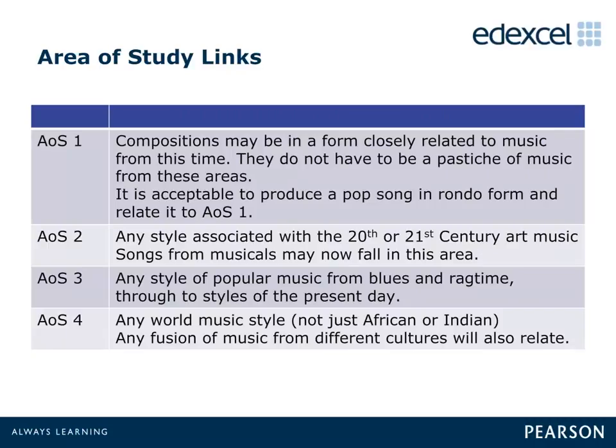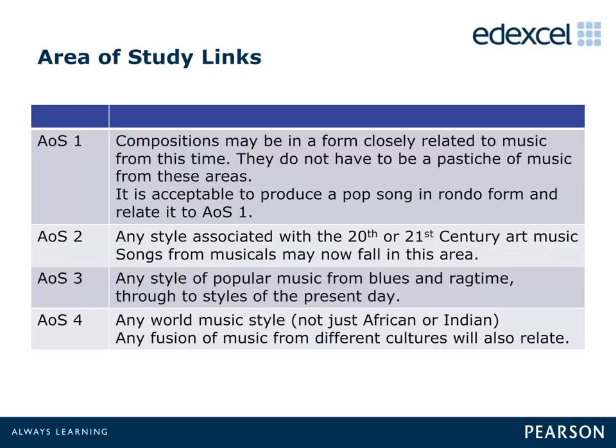Links to the areas of study are important, but they can be quite loose. It is not necessary to link a composition to a set work, just the overall area of study title. Links to Area of Study 1 are generally to do with the structure.